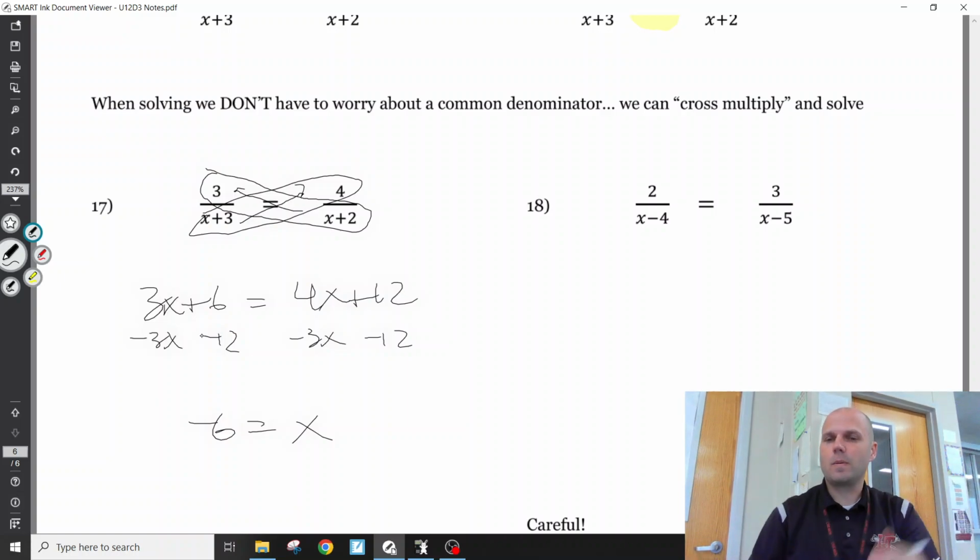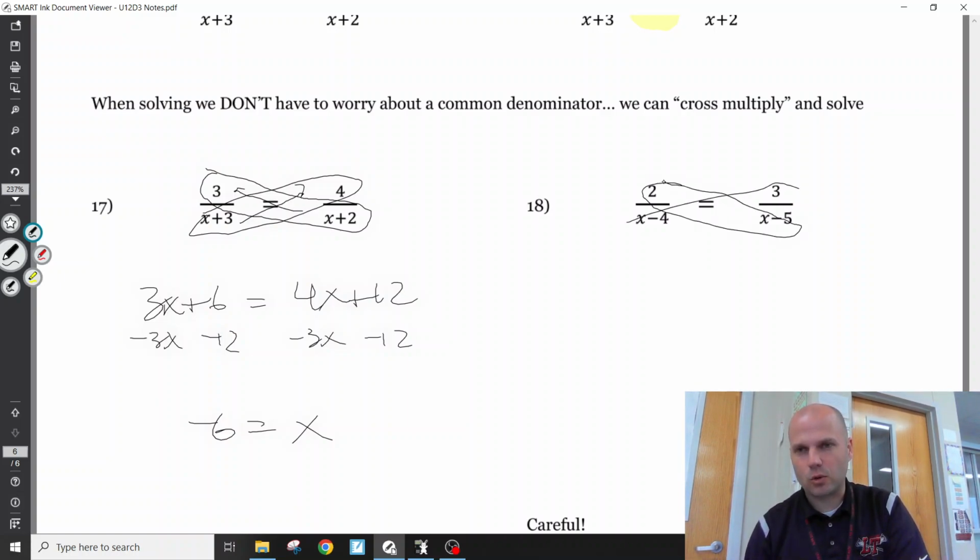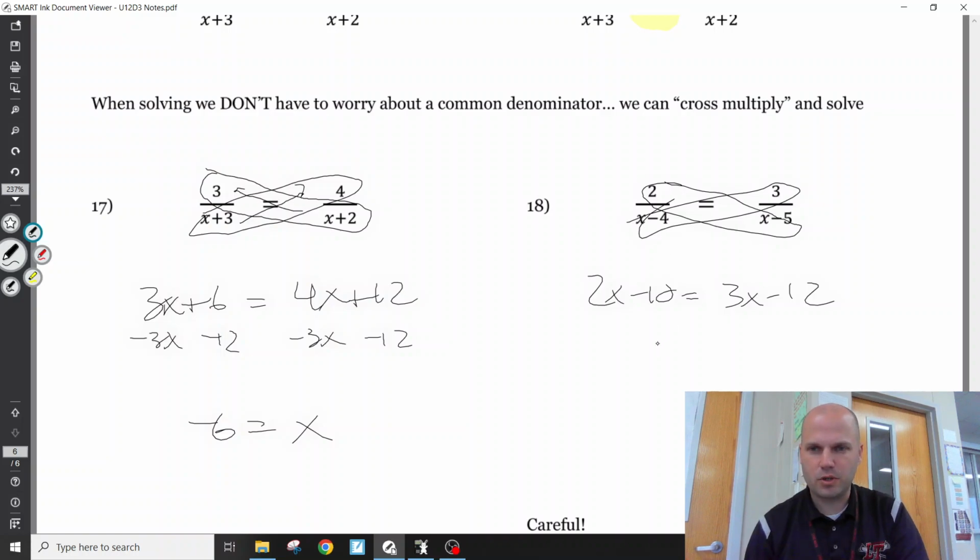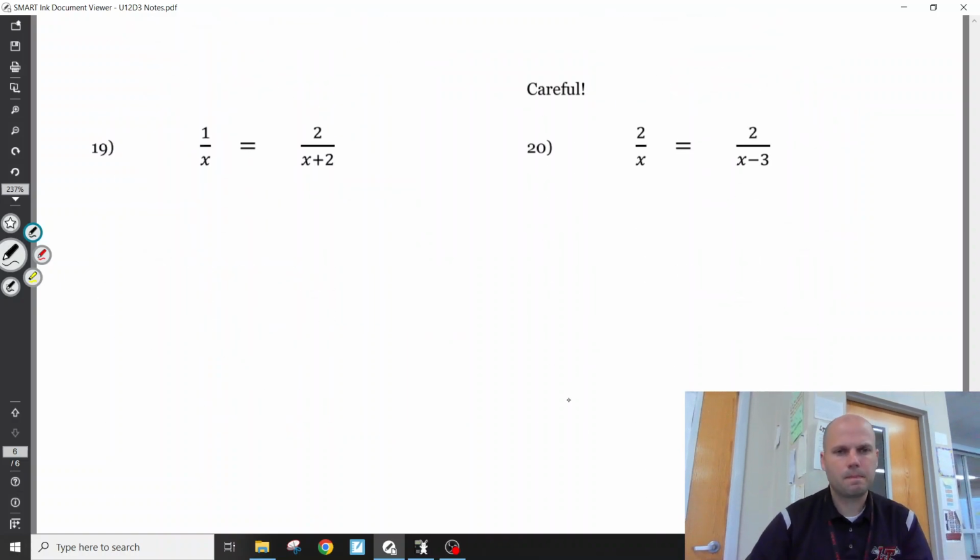But we're not going to worry about it. We're going to keep it simple, stuff that you already know. So pay attention. If you have the equal sign, you can cross multiply, divide. 2x minus 10, 3x minus 12. Make sure you distribute things. One x equals 2. Okay.